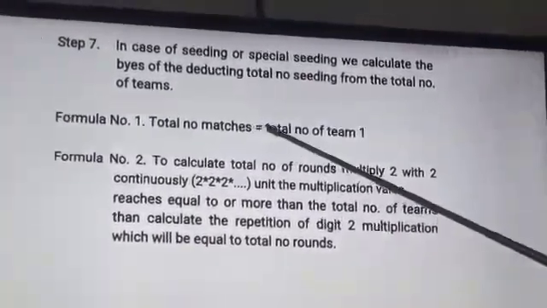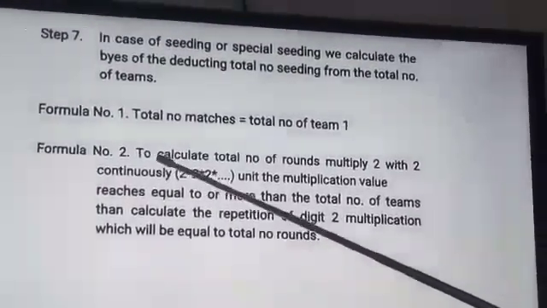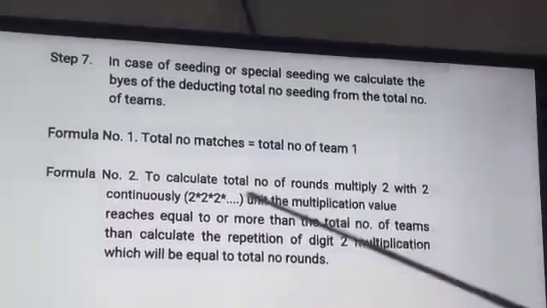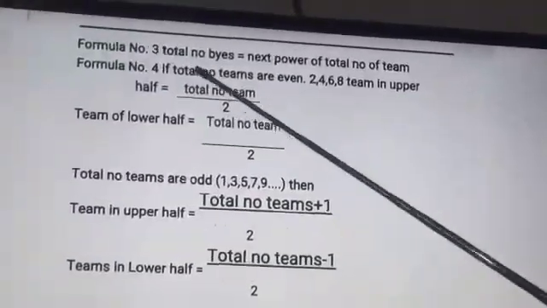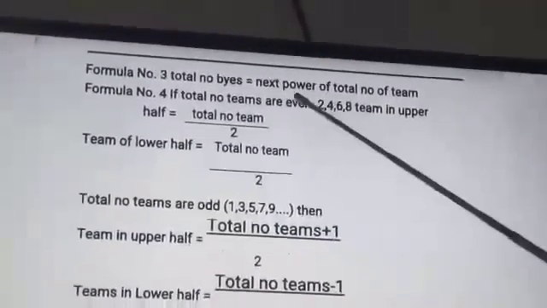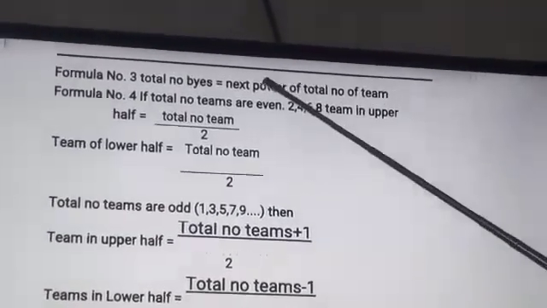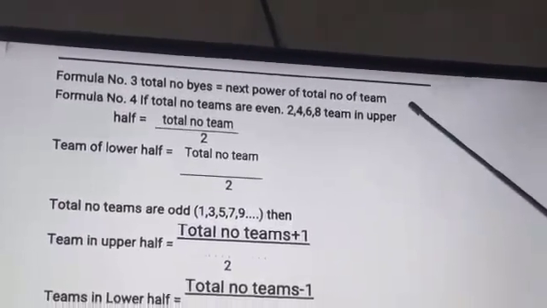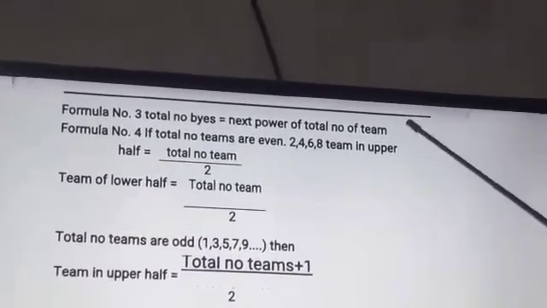Formula 1: total number of matches is equal to total number of teams minus 1. Formula 2: to calculate the total number of rounds, multiply 2 by 2 continuously. Formula 3: total number of byes is equal to the next power of 2 of the total number of teams, minus the number of teams. Means if there are 11 teams, then the next power of 2 is equal to 16.